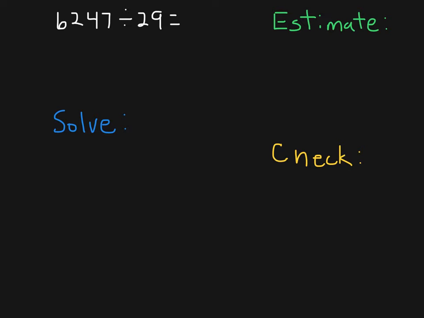I want to make my estimate first by rounding my divisor, and I'm going to round it to 30. And a compatible number that would be easily divisible by 30 would be 6,000.